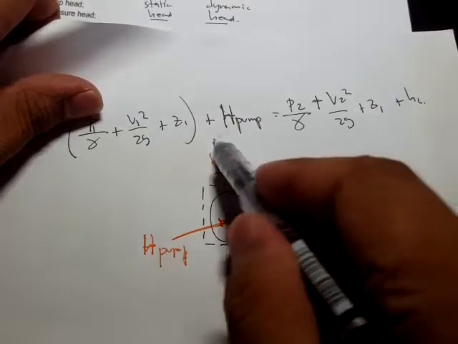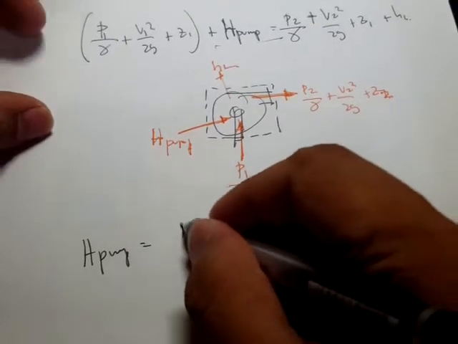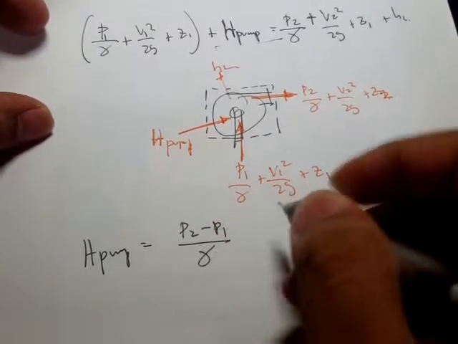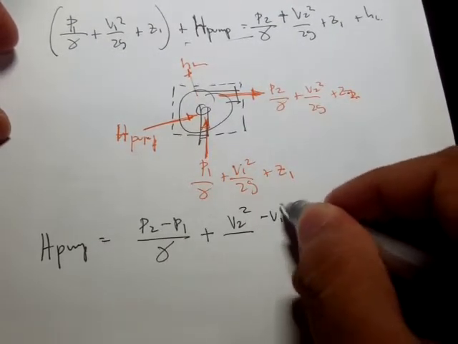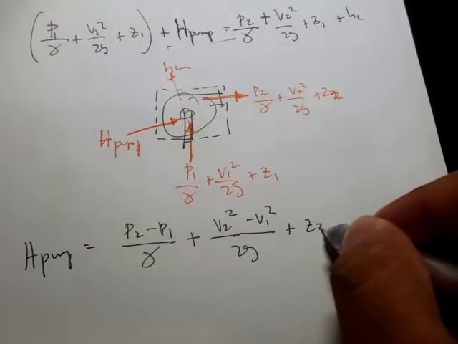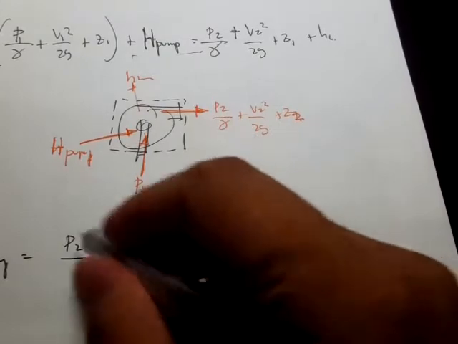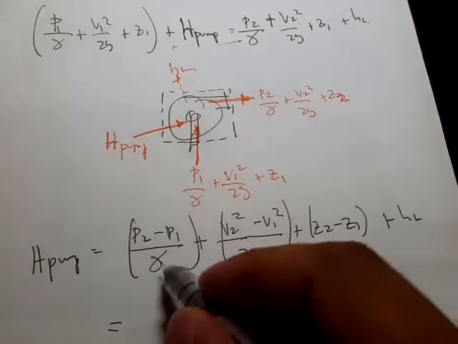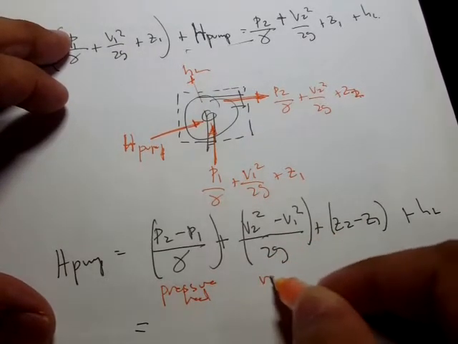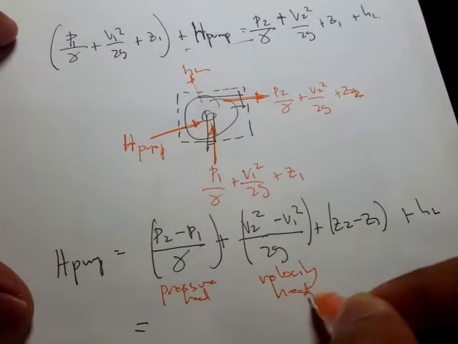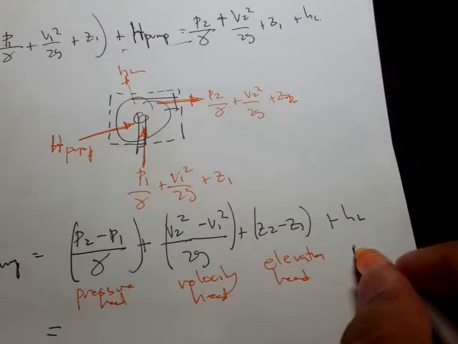If we isolate H pump, then what we get is P sub 2 minus P sub 1 plus V sub 2 squared minus V sub 1 squared over 2g plus Z sub 2 minus Z sub 1 plus head losses. This first term is what we call the pressure head, this one is the velocity head, this one is the elevation head, and this is the head loss.